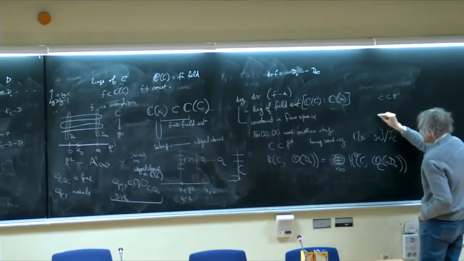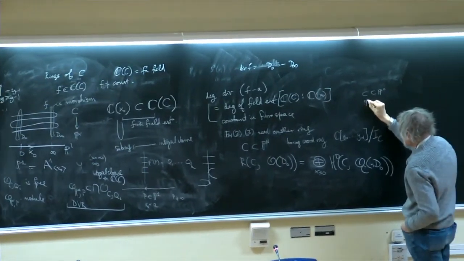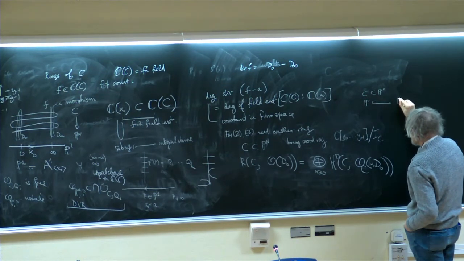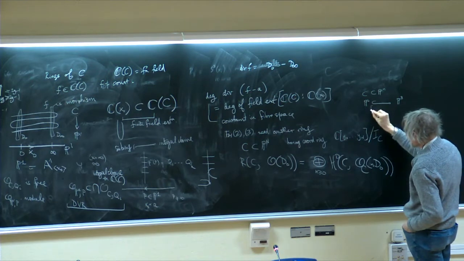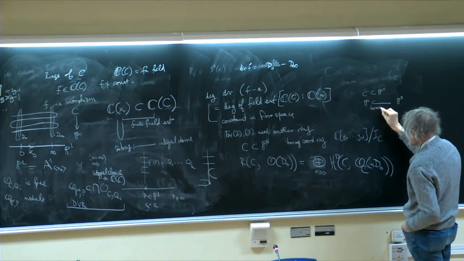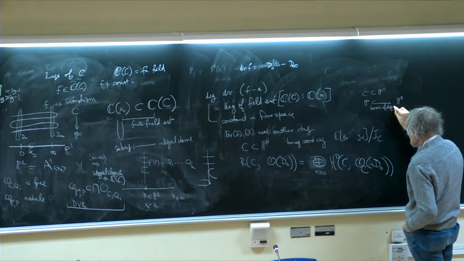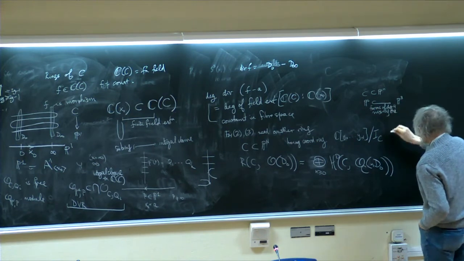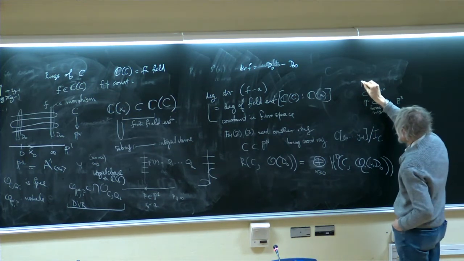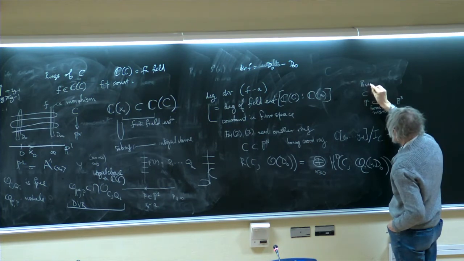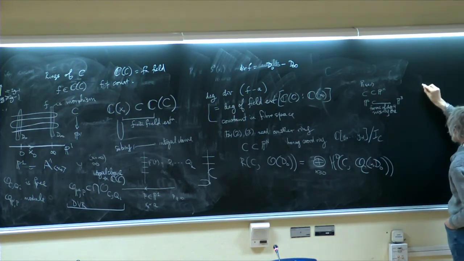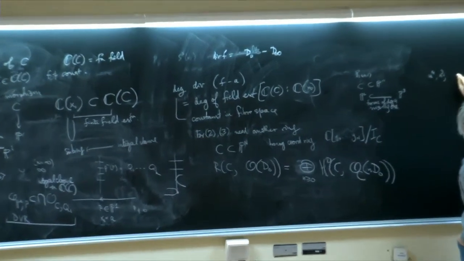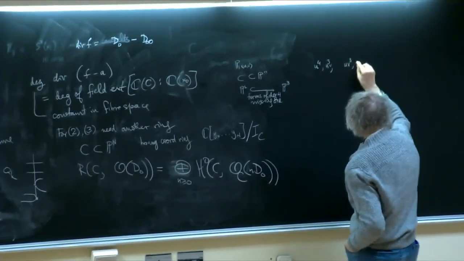So the standard example is that I take P1 and I embed it into P3 by forms of degree 4 but missing one. So the original P1 is P1 of U and V, and I write down U to the 4th, U cubed V, U V cubed, V to the 4th.